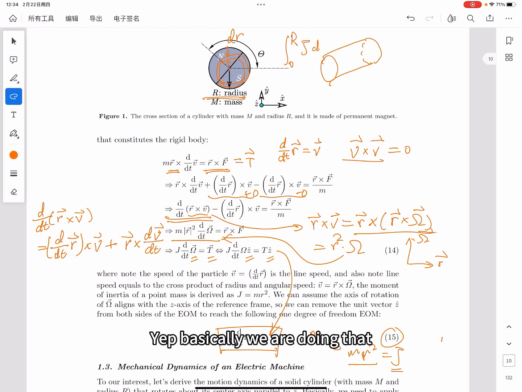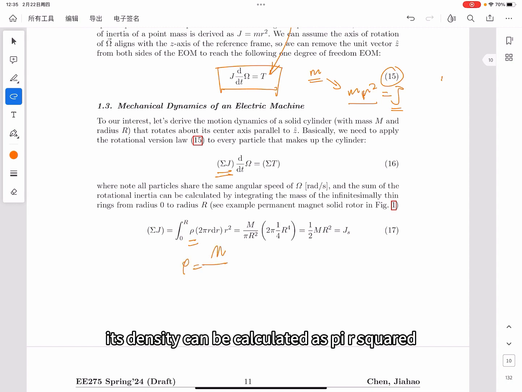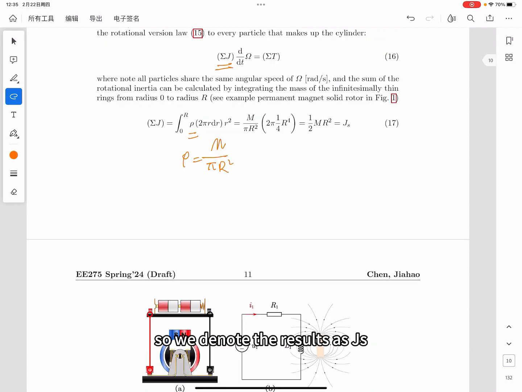So assume that our cylinder has the same density all over the place. We denote the result as Js. S stands for the shaft. So it's the moment of inertia of the shaft.